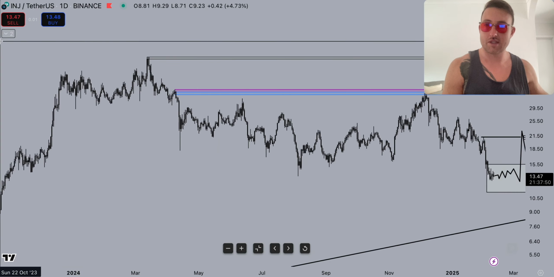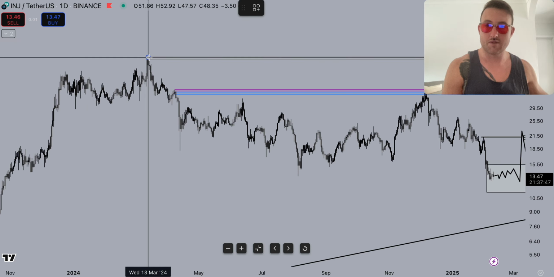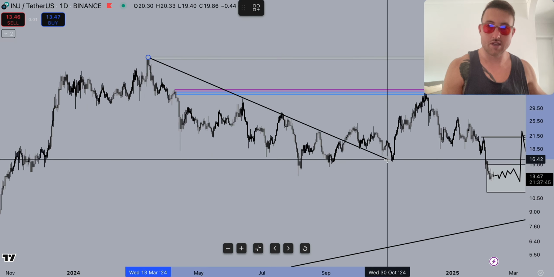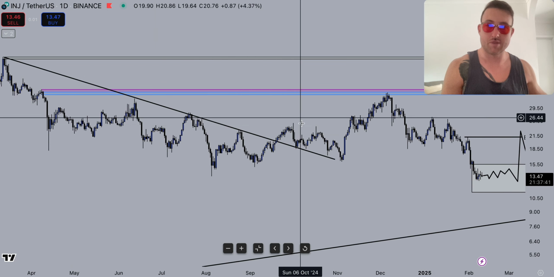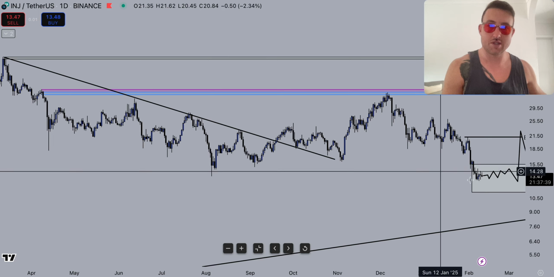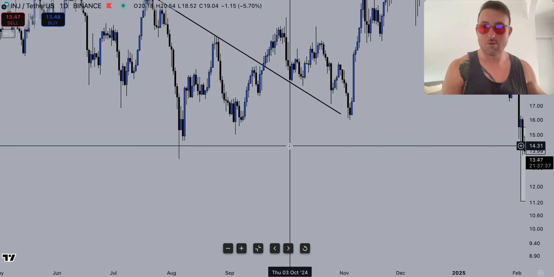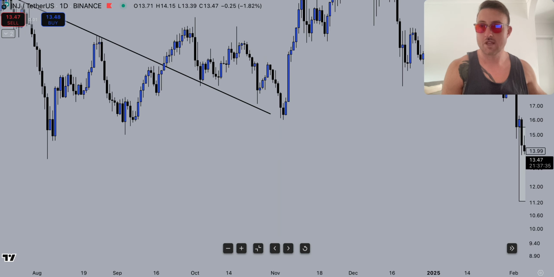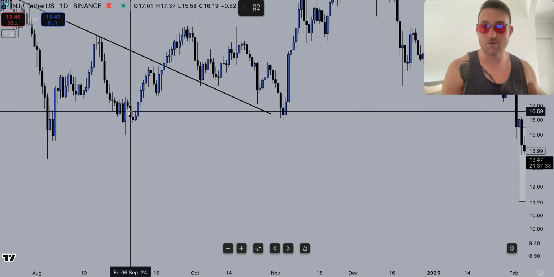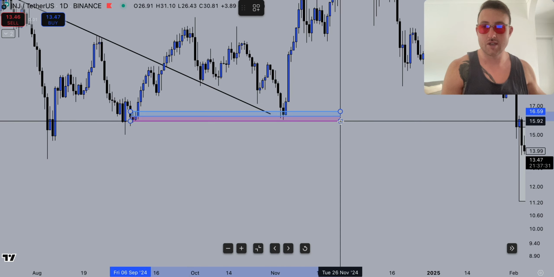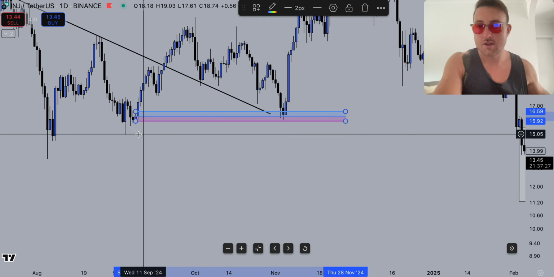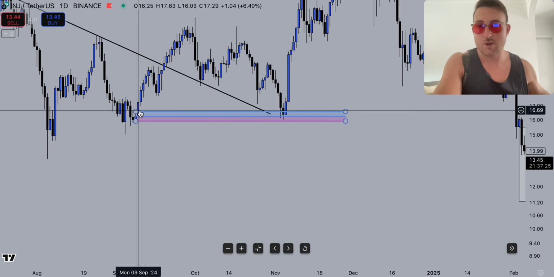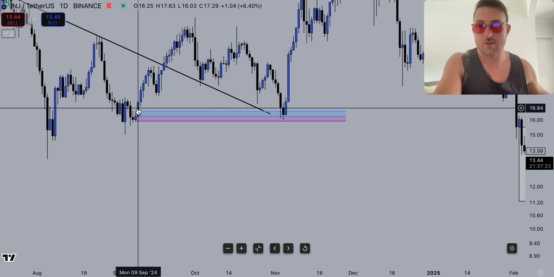I could draw a trend line from here to here, and you can see it's bouncing off this trend line, it's broken out, retested this trend line, retested again. But what it's really done is collect the imbalance at the bottom of the move, which is this candle here, the candle left behind with a gap either side.